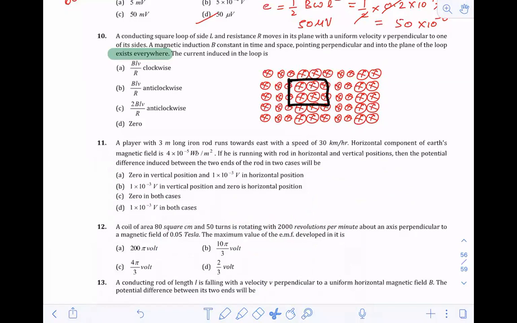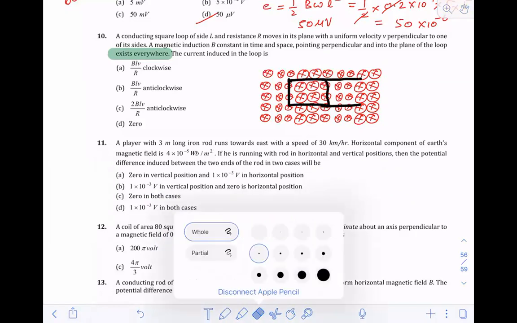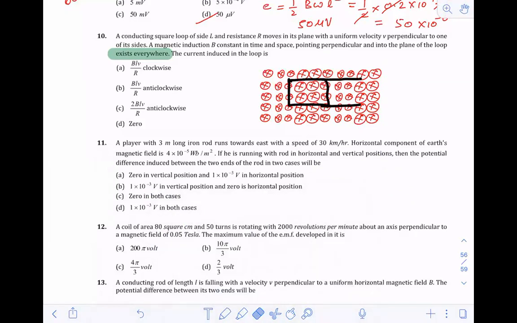But in the case of motional EMF, if you remember what you had studied, when you have a loop like this and a rod moving like this, the flux was increasing.